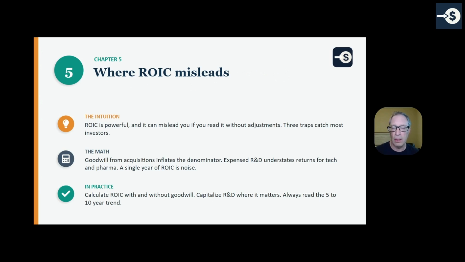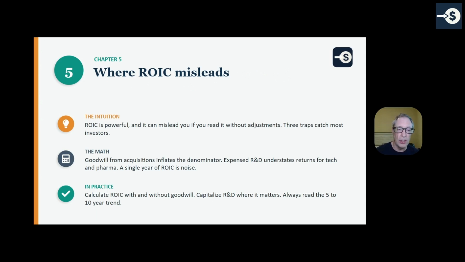An easy example for Google would be Waymo. The company has spent countless billions on Waymo through the years, but they're just now starting to generate money from that investment. But because of accounting rules, they've had to expense all that money they've invested, and now they're starting to see a return on that spend.